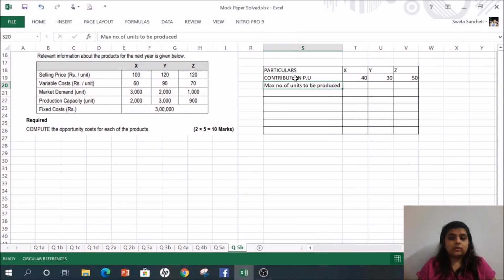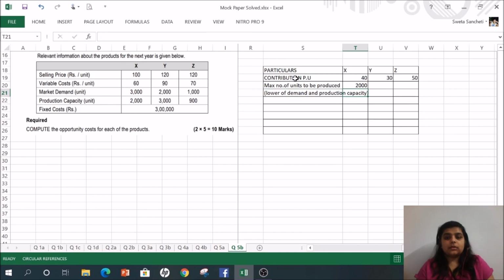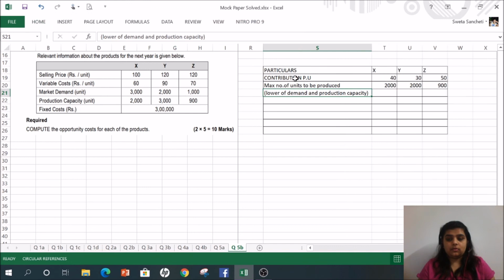Now maximum number of units to be produced. Now here for X, since the demand is 3000 but we can produce 2000, we are going to make only 2000 units. I would say lower of demand and production capacity. Similarly for Y it would be 2000, since the market demand is only 2000. Z, production capacity is 900.